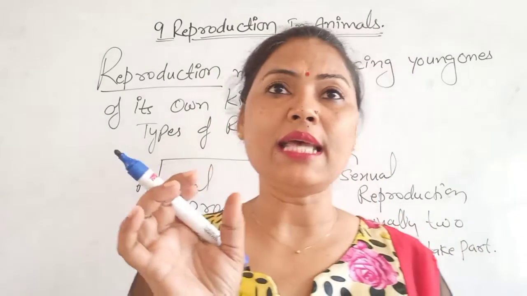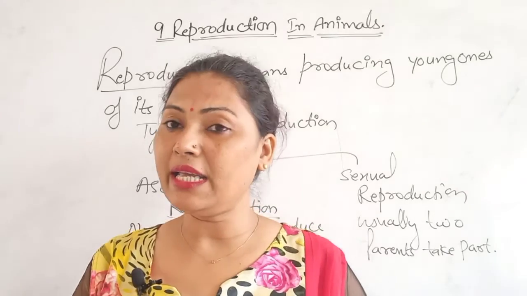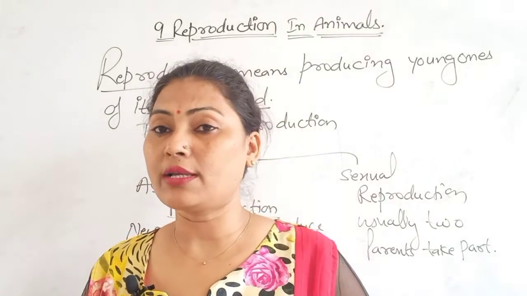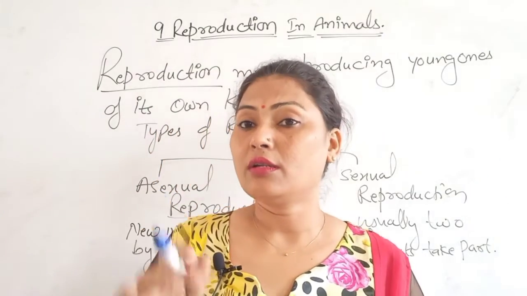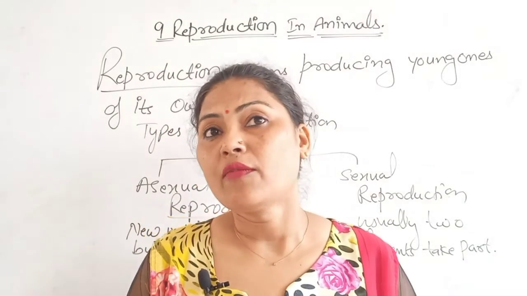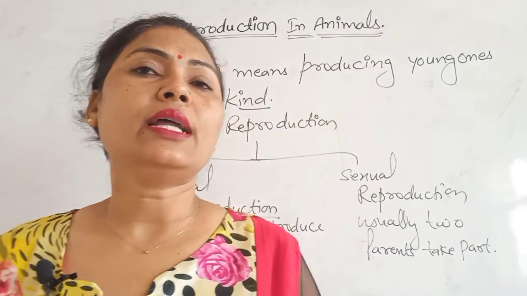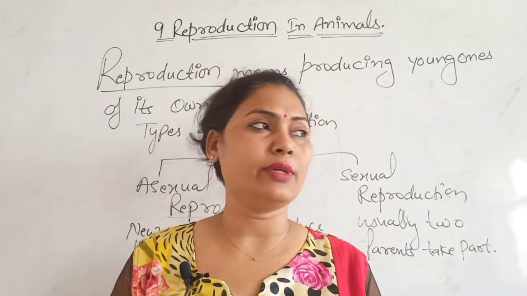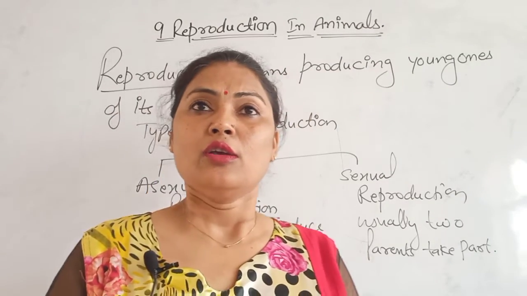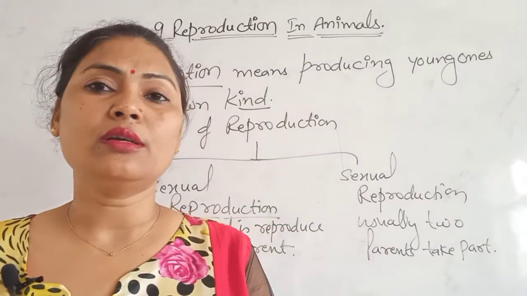Oviparous: ovi means egg, so animals that lay eggs are called oviparous. Viviparous: animals which give birth to their young ones are called viviparous. Okay. Then sexual reproduction, I told you, there are sexual and asexual reproduction.